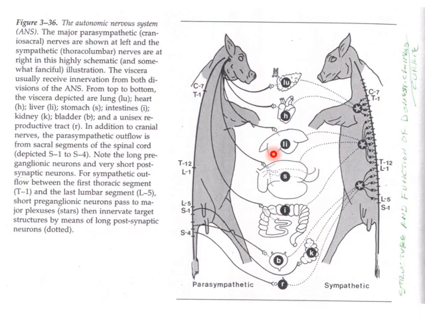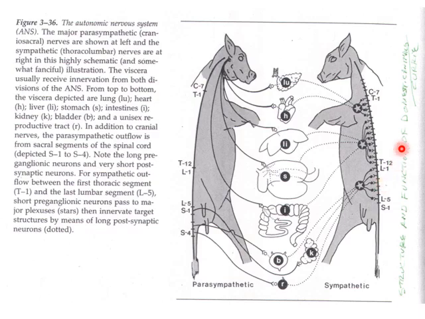Another thing to note is that the parasympathetic comes out of the cervical vertebrae and the sacral vertebrae, versus the sympathetic, which comes out of the thoracic vertebrae and the lumbar vertebrae. So that's one way the system tries to keep organized and keep things from cross-contamination.